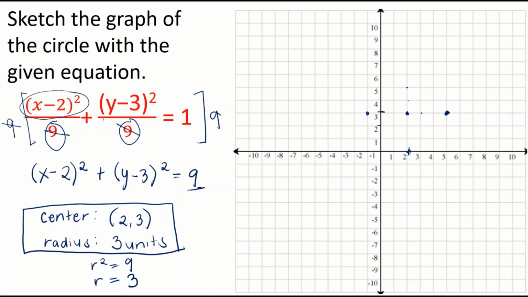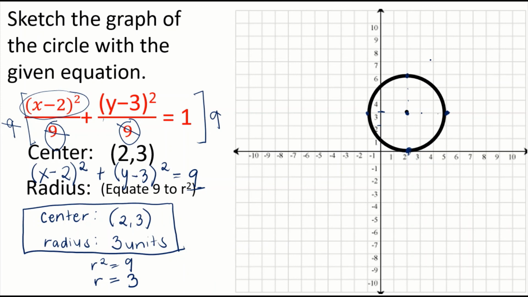Sa taas, 1, 2, and 3. Sa baba is 1, 2, and 3. Connecting all those points, we will expect this kind of circle. Okay, so we have this point of 5, 3, 2, 0, negative 1, 3, and 2, 7. So this graph now of the circle is the final answer.